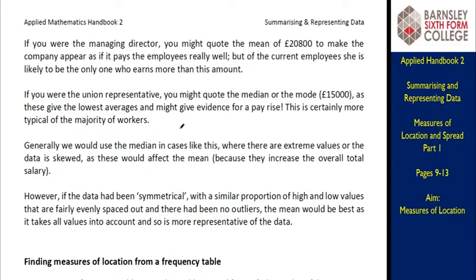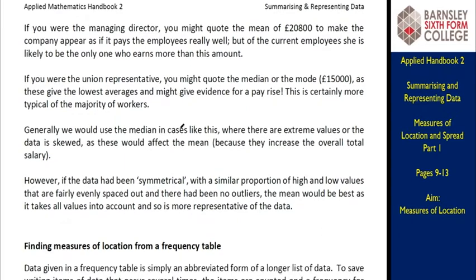But maybe if you're the union representative, you might quote the median or mode, saying this is what the average amount is. It might give you evidence for a pay rise. So it depends on what point of view you're arguing from, which average you might use. So you'll want to be careful with statistics that you see in the media, maybe in politics. They're not lying to you, but they're choosing the average that best represents their argument, their case.